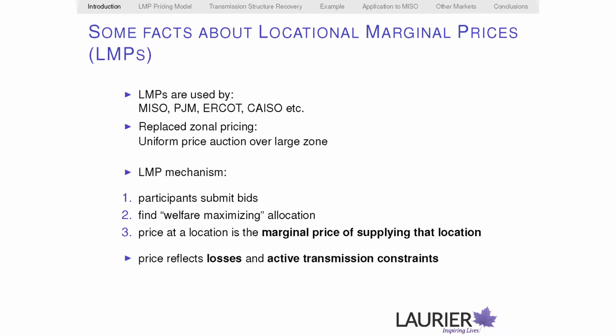So this is quite different from a uniform price auction in that we have a very fine granularity of prices. Prices reflect losses, so some energy is lost to heat as it travels over the lines, so depending on whether you're in North Dakota or right outside Indianapolis, the amount of losses will be quite different.